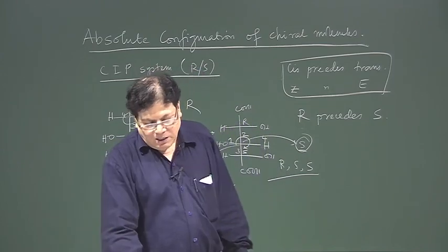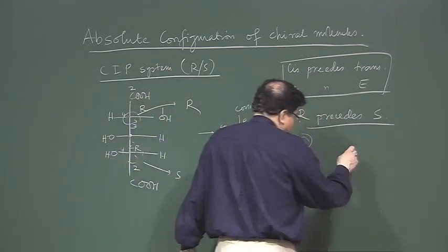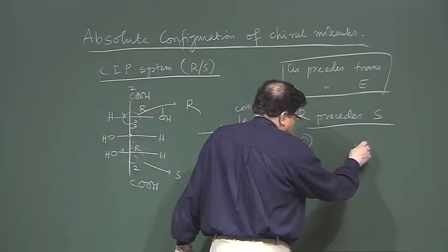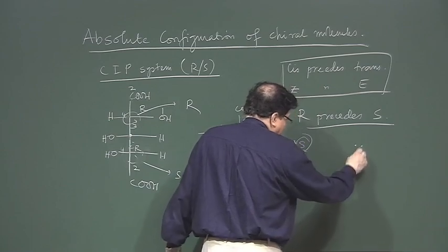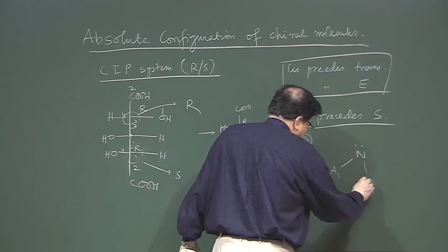And then just one more thing is left, and that is sometimes there are compounds where the 4th ligand is a lone pair, like in nitrogen.